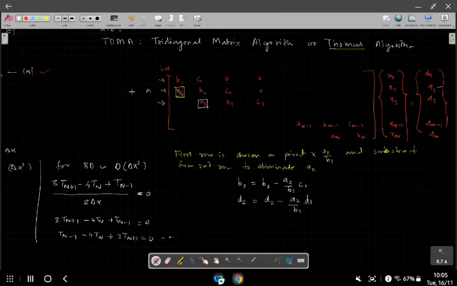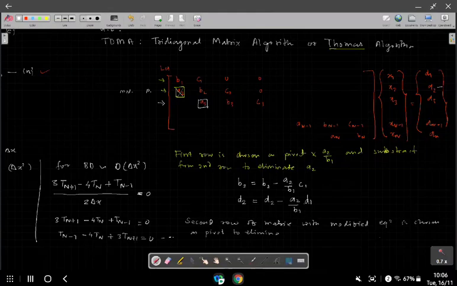So the second row of the matrix with modified elements is chosen as pivot to eliminate A3.